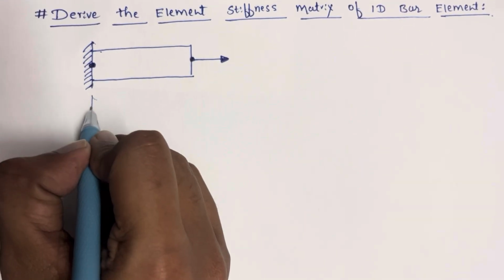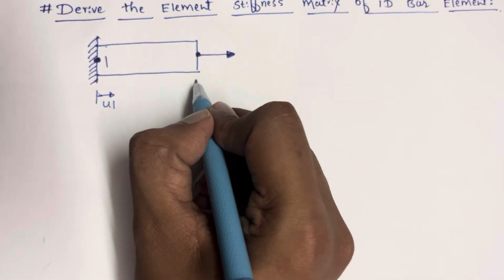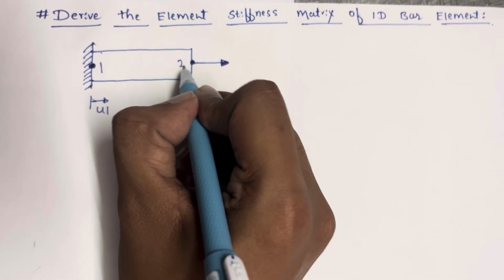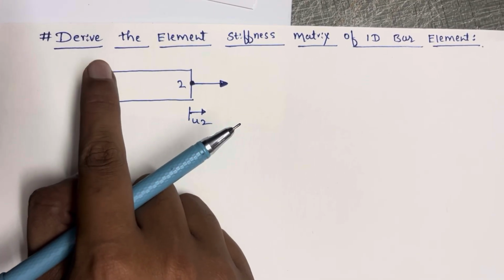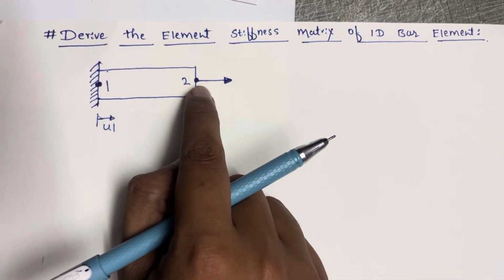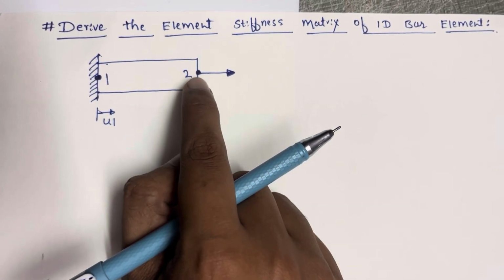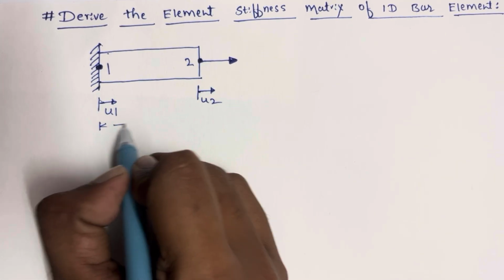The displacement will be u1 at node 1 and u2 at node 2. Displacement at node 1 is u1, displacement at node 2 is u2, and the total length is L.